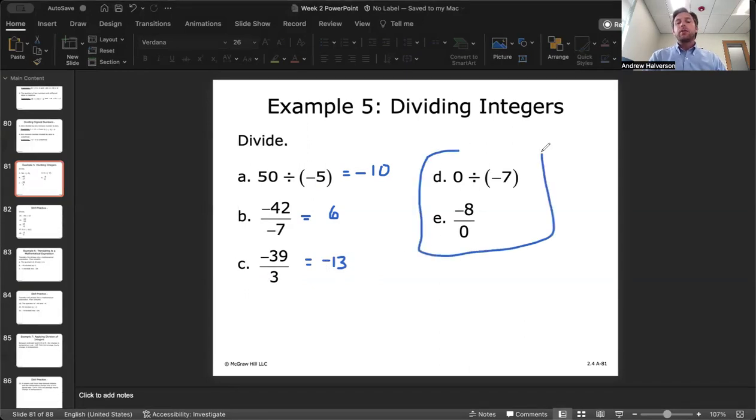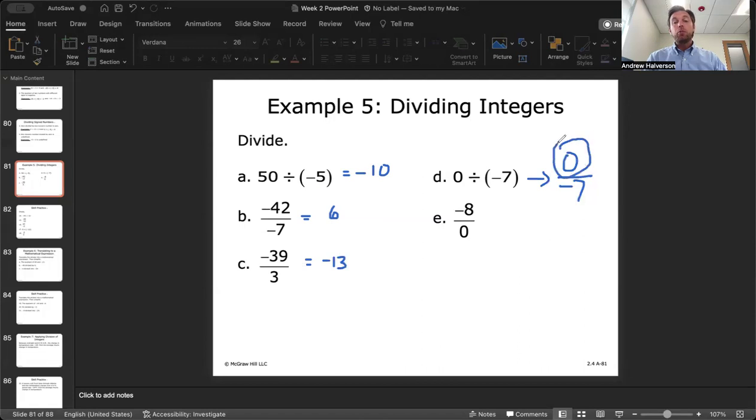How about when we have 0? This one here, by the way, is the same thing as 0 over negative 7, so I'll write it as a fraction too. So here's the delineation. 0 in the numerator means that the entire fraction reduces to 0. Try it out on your calculator to see. 0 in the denominator, try it out on your calculator and see what you get.